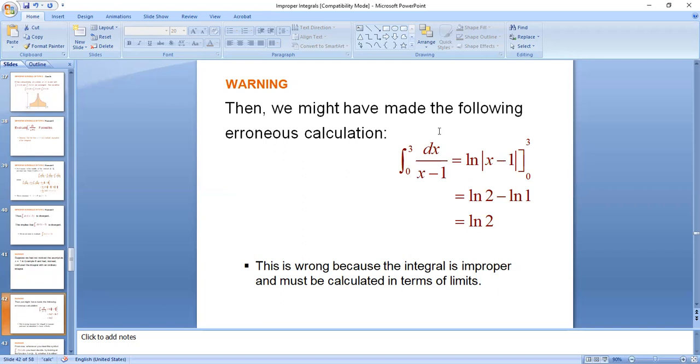If you did not notice that this is an improper integral, then you will just go on using your calculators for its evaluation. Your calculator will give you this. And this is not an acceptable answer because your integral is divergent, meaning its answer is non-existing. You should not have an answer for this particular integral in the first place.